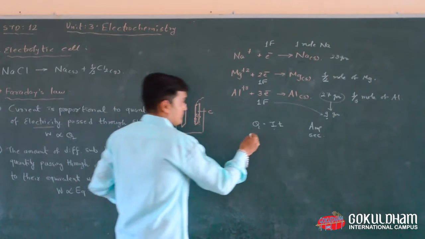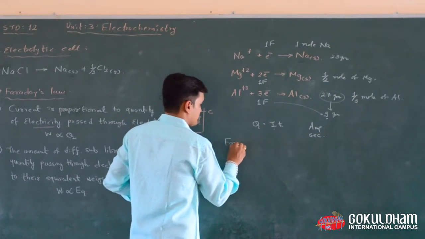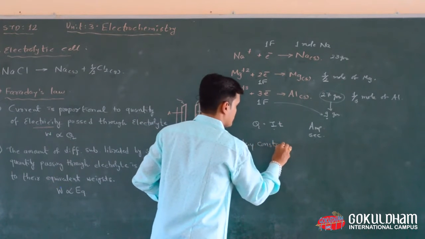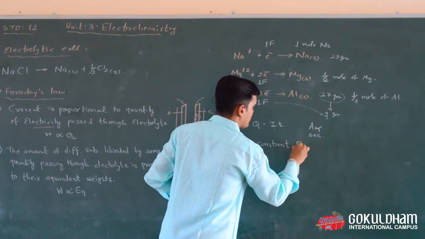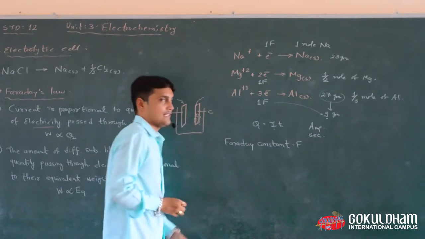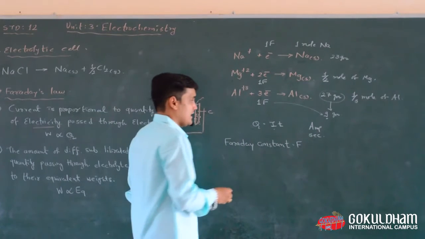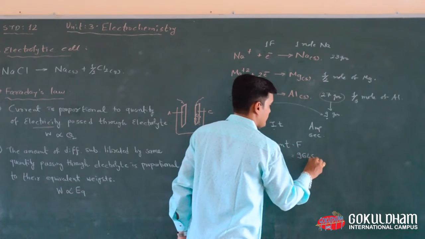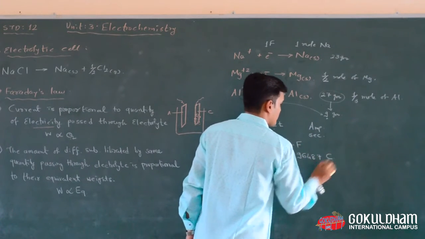Now, the Faraday constant, this Faraday constant is capital F, and this capital F has the value of 96487 coulomb.